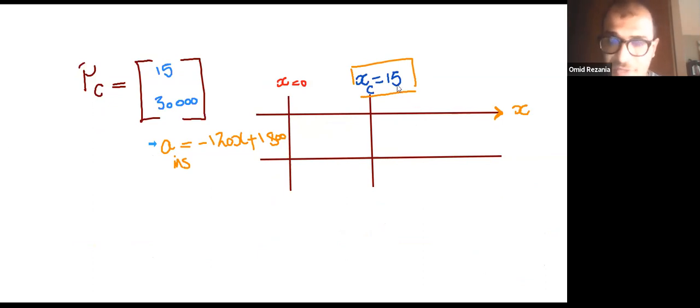What happens if I put x equal 15 inside this equation, the instantaneous rate of change?